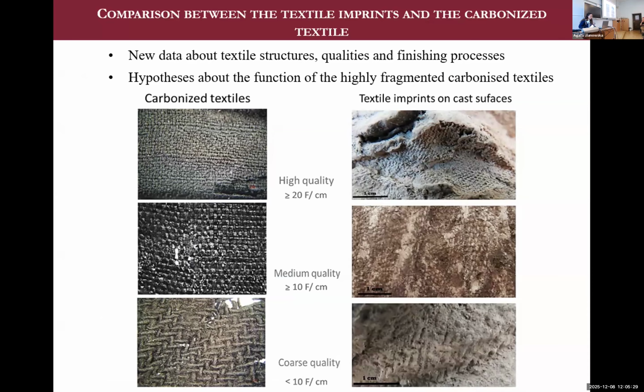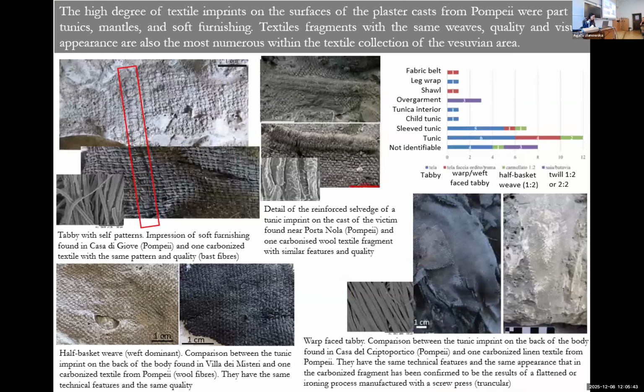To compare the traces on the casts with the corpus of textile finds, the visual appearance of the fabric was also integrated, which proved to be particularly useful where the definition of the traces was lacking. On the slide, you have several examples of comparisons between the two classes of material, plaster casts and carbonized textiles, which show how they are almost identical.